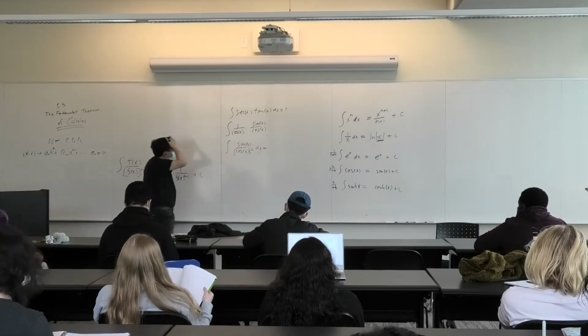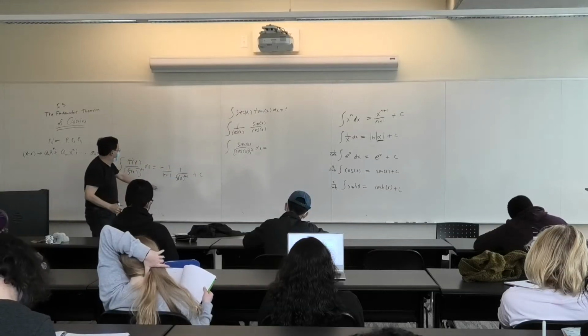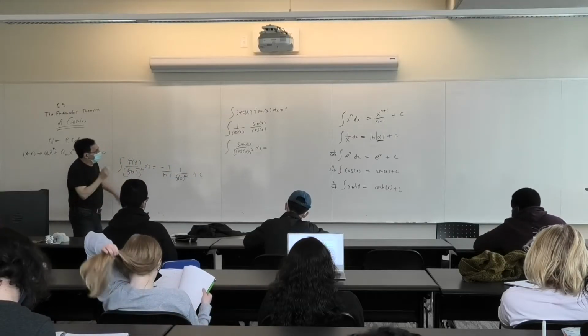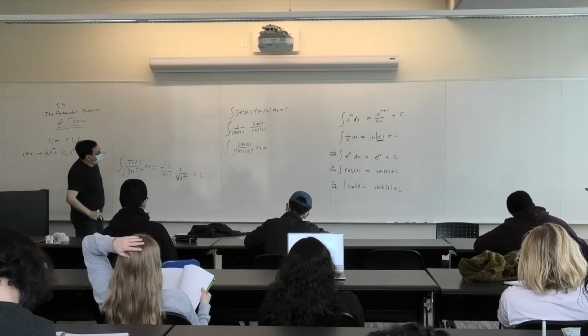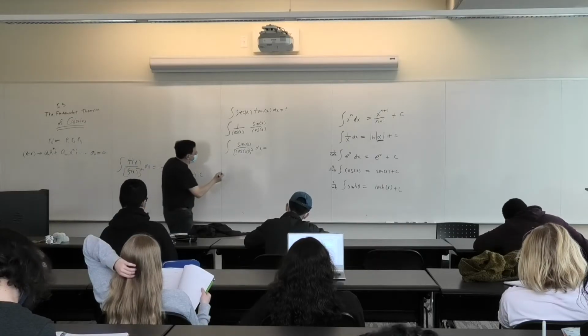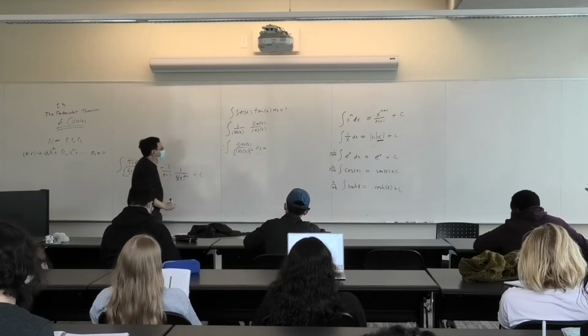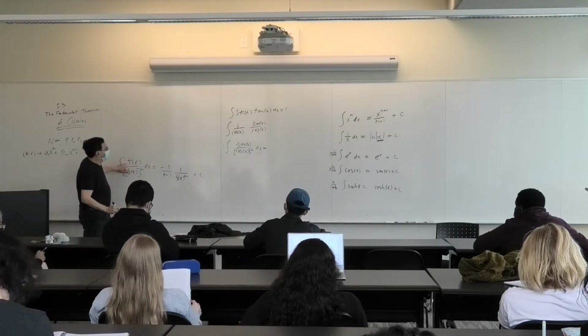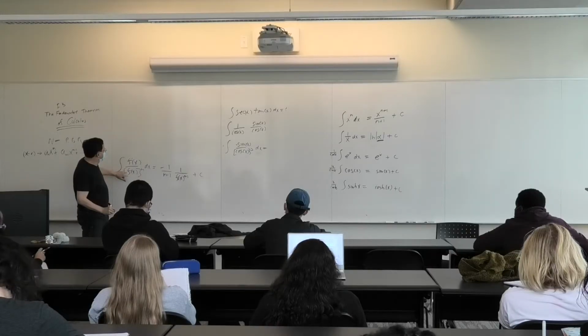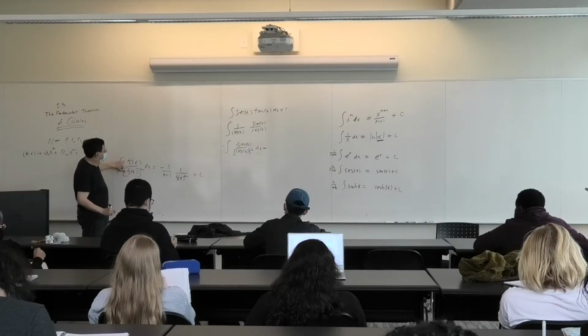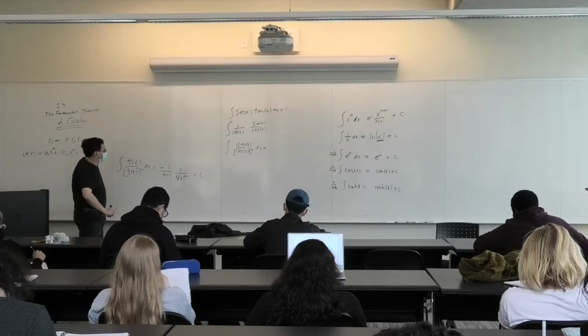Okay, that should make you think of this formula here, right? Let's make it a little clearer. Let's put a minus here and here. The derivative of the cosine is minus the sine. So we're in line to use this.